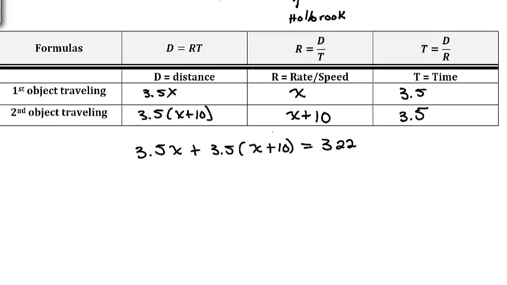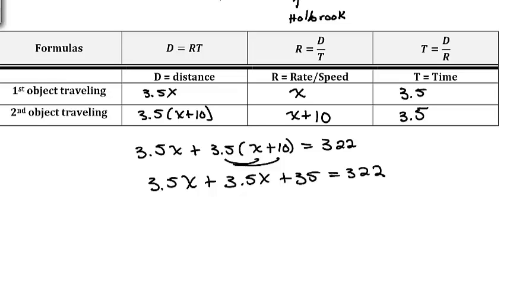So now again we have this linear equation to solve, and I'm going to distribute this 3.5. So we have 3.5x plus another 3.5x plus 3.5 times 10 is 35, and it equals 322. 3.5x plus 3.5x gives us 7x plus 35 equals 322.